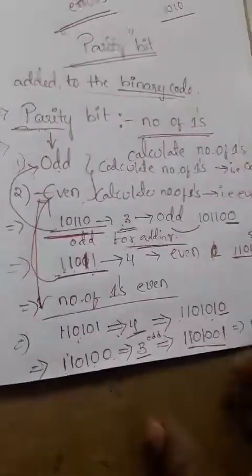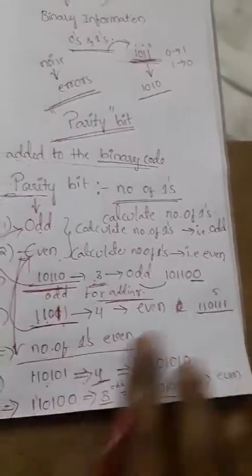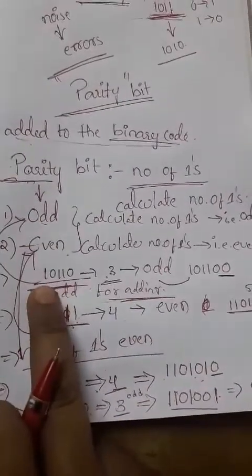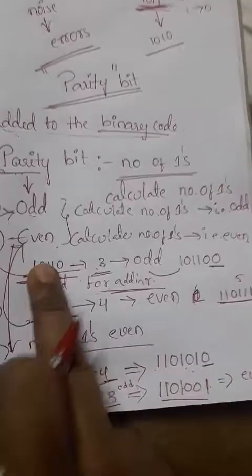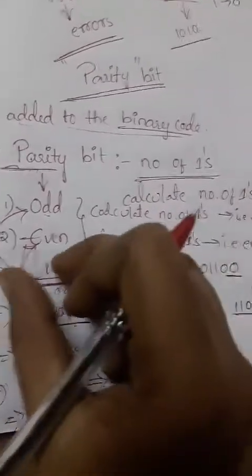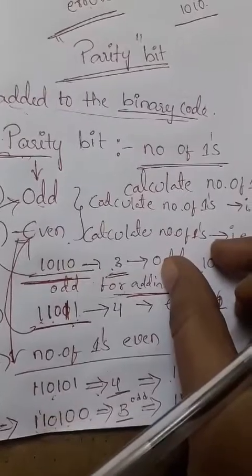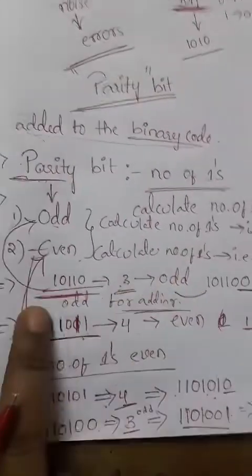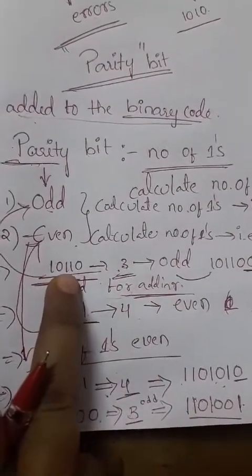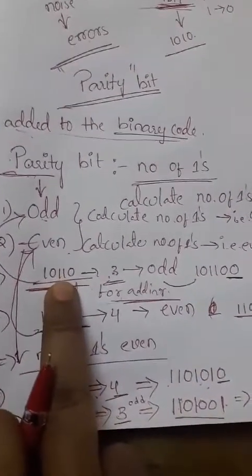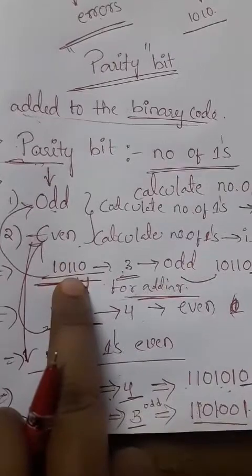So the simple logic, the overall conclusion, is this: if any binary code is to be converted to a parity, whether odd parity or even parity, first just count the number of ones.